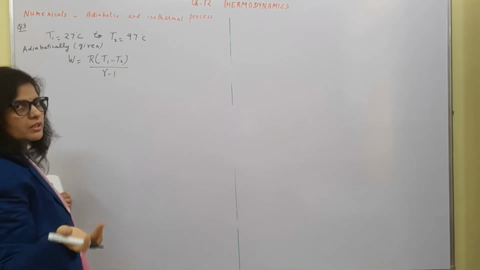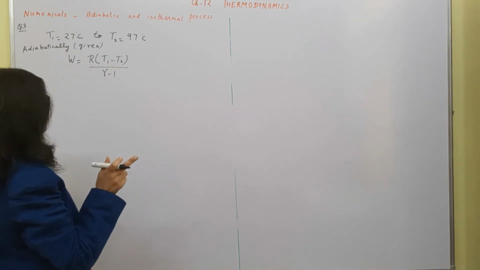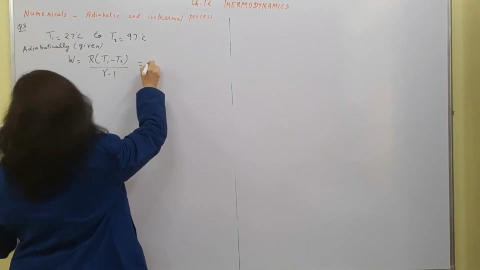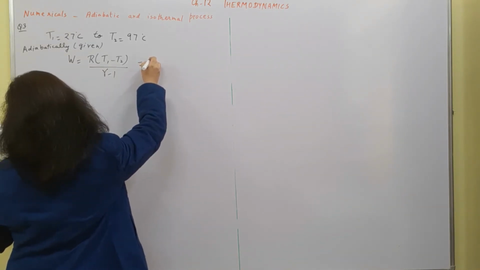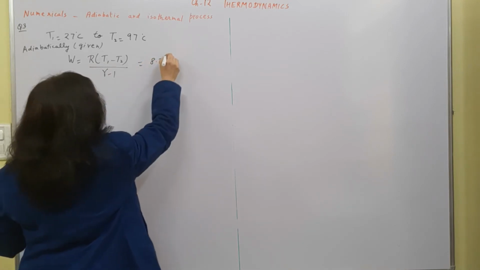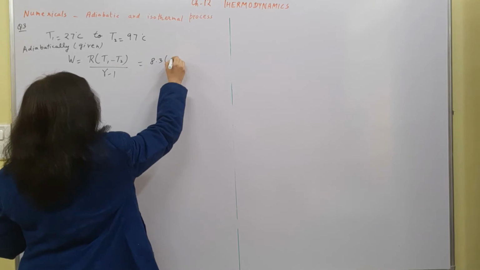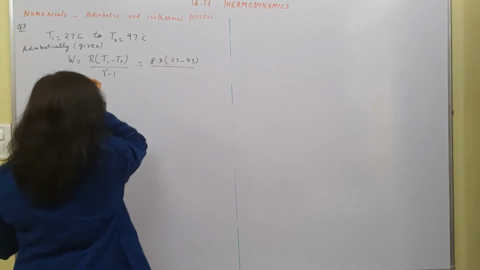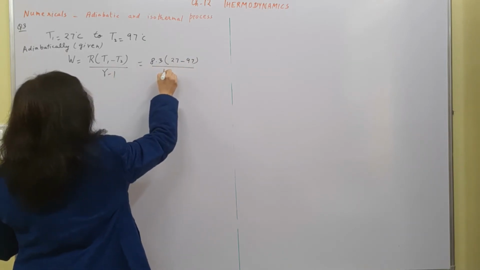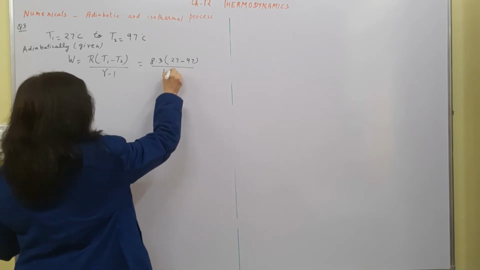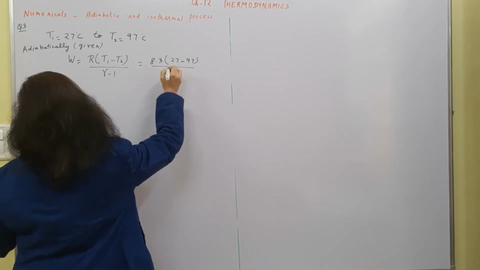So we need not convert it into Kelvin because the difference in Kelvin is the same as the difference in Celsius. So this will give us 8.314, the value of the gas constant, into 27 minus 97, upon 1.5 (this is mentioned) minus 1.